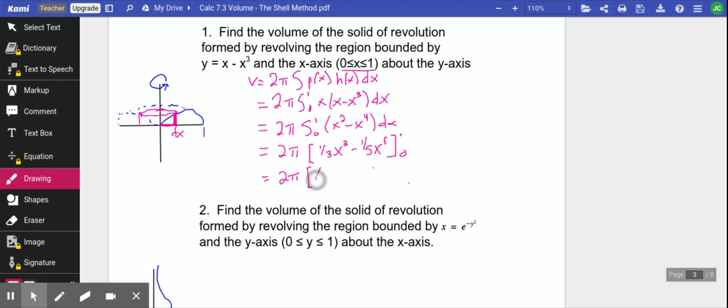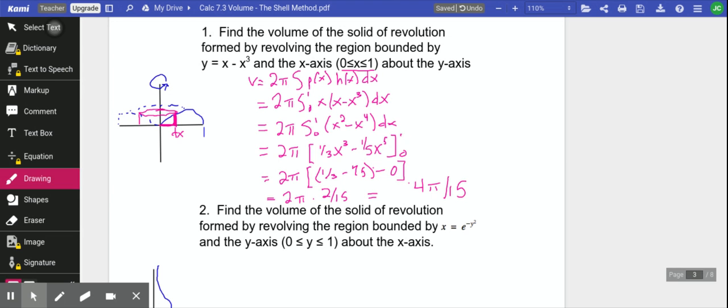That will give us 1/3 minus 1/5 when we plug in 1. When we plug in 0, we just get 0, so that doesn't matter. So we get 2 pi times, 1/3 minus 1/5 is going to be 2/15. So our final answer will be 4 pi over 15. And that is the volume of that solid.